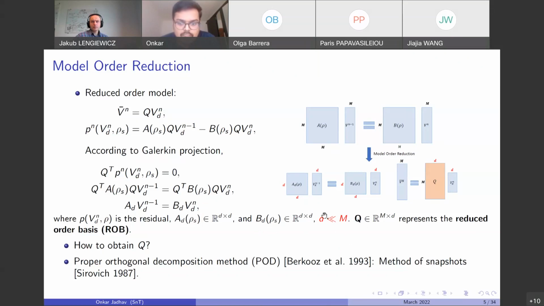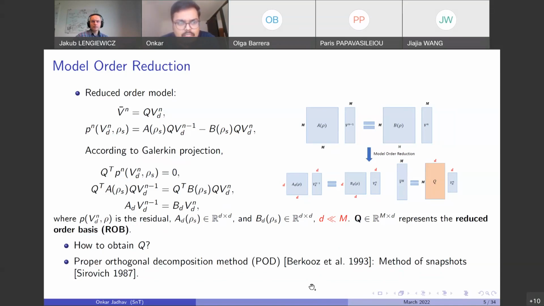Now, the obvious question is how to obtain this reduced order basis in order to get an acceptable reduced order model. For that, I have implemented a method called proper orthogonal decomposition, which relies on the method of snapshots.